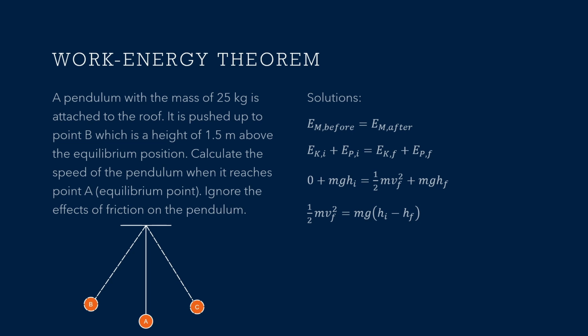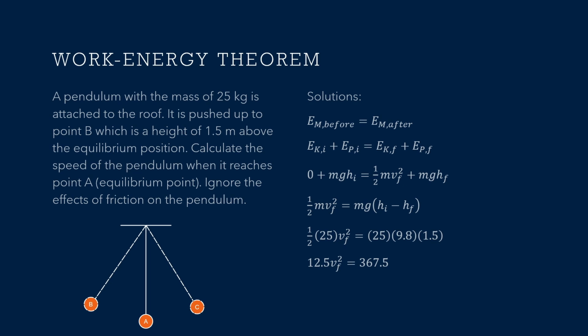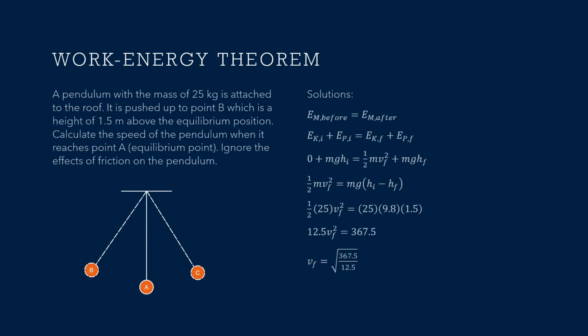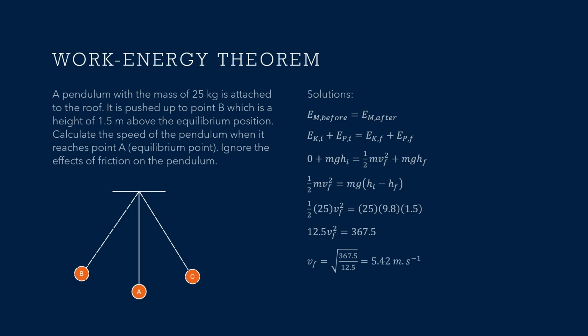And now I'm going to substitute in all the values that I know so far, and punching that in the calculator, I will get 12.5 vf squared is equal to 367.5, and making v the subject of the formula, I will get a final velocity of square root of 367.5 divided by 12.5, and final velocity should equal 5.42 meters per second.